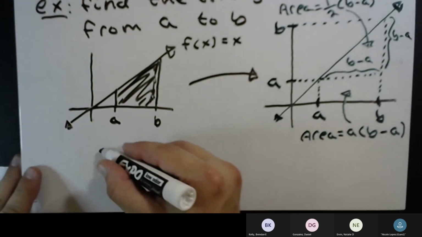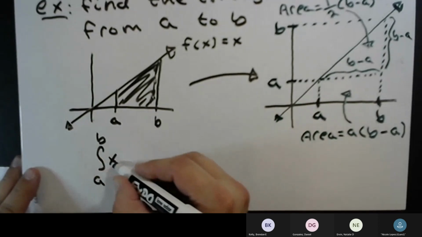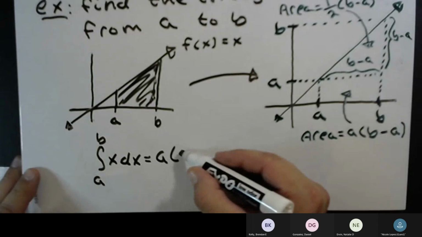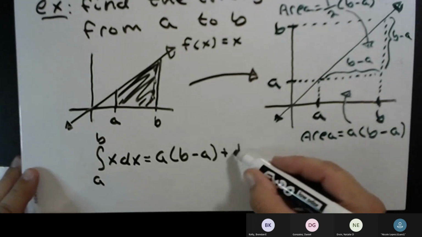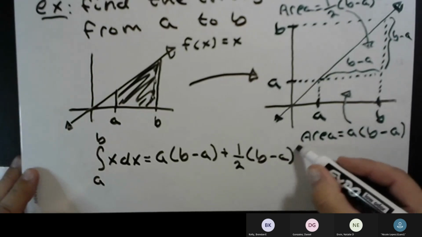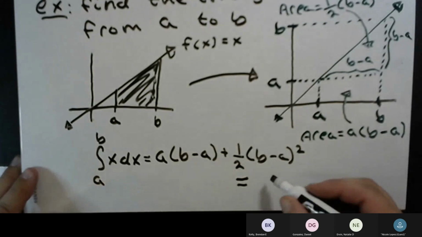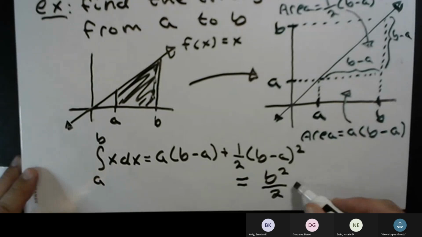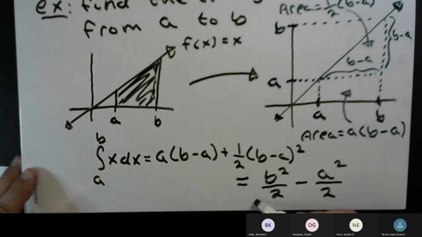So the integral from a to b of x dx will be a times b minus a plus 1/2 times b minus a squared. And when you simplify this down, you'll get b squared over 2 minus a squared over 2.